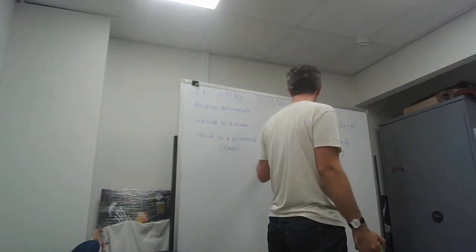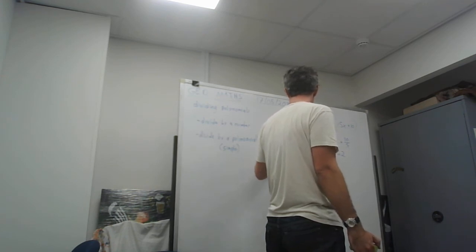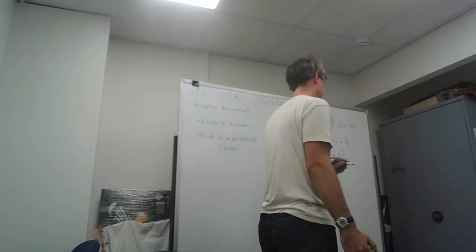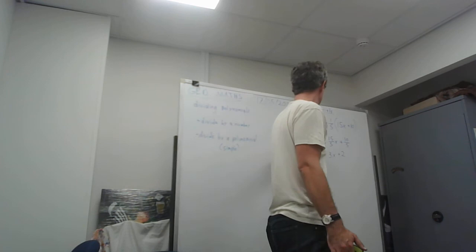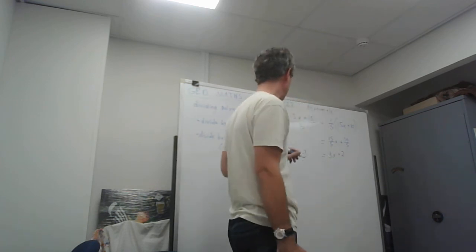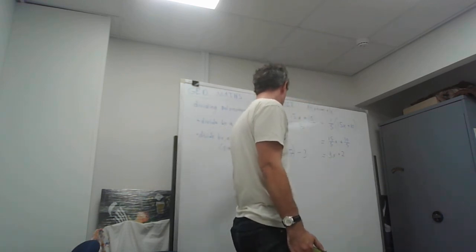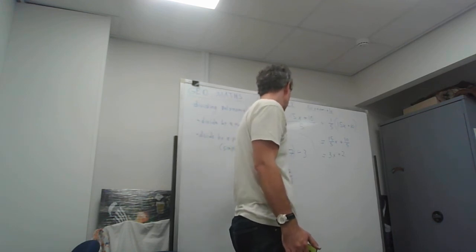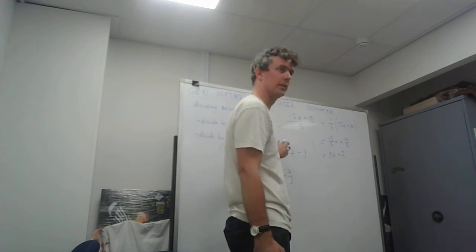You could also see something like 3y plus 7 divided by 3. Then this would become 3y over 3 plus 7 over 3, so distributed into each one.